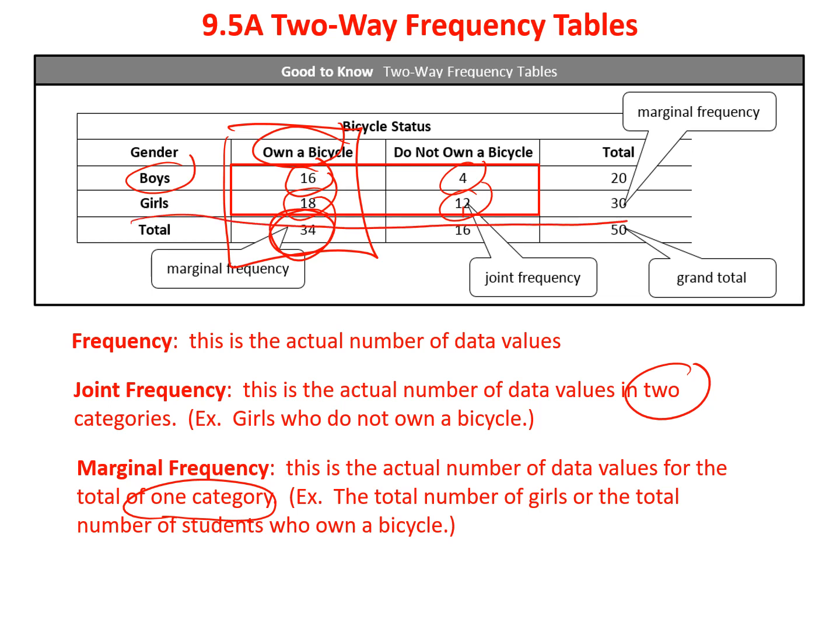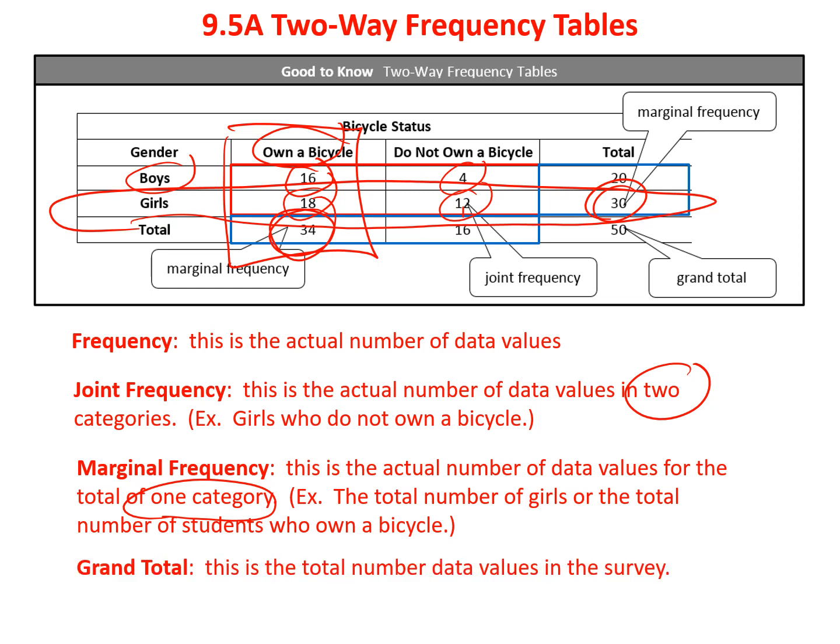For example, here there were 30 girls that we surveyed. That's the marginal frequency, the number of girls we surveyed. Notice they only involve one thing: boy, girl, own or don't own. They're not like the joint that have 2. And finally, the last one we have is simply the grand total. How many people in this corner were totally involved in the survey?